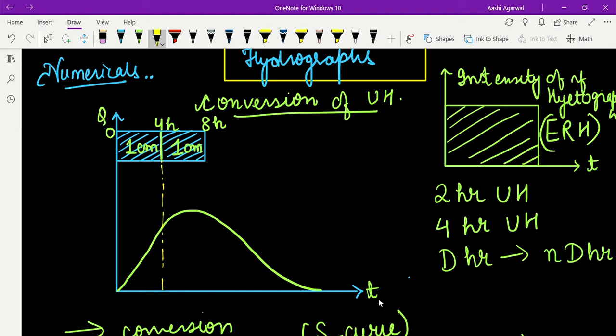So let me draw. It will be something like this, but please ignore the drawing part. I am trying to say it should be exactly similar. If I want to know the resultant of these two, simply I will superimpose these two graphs and I will get some higher value.